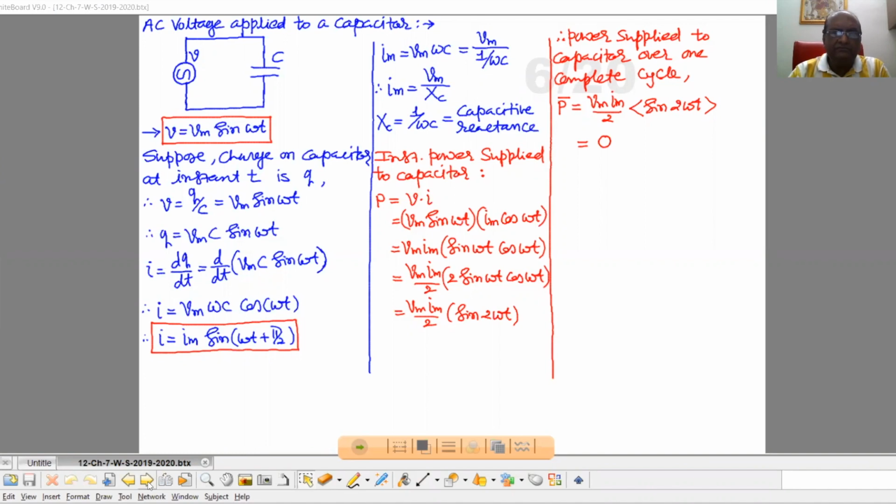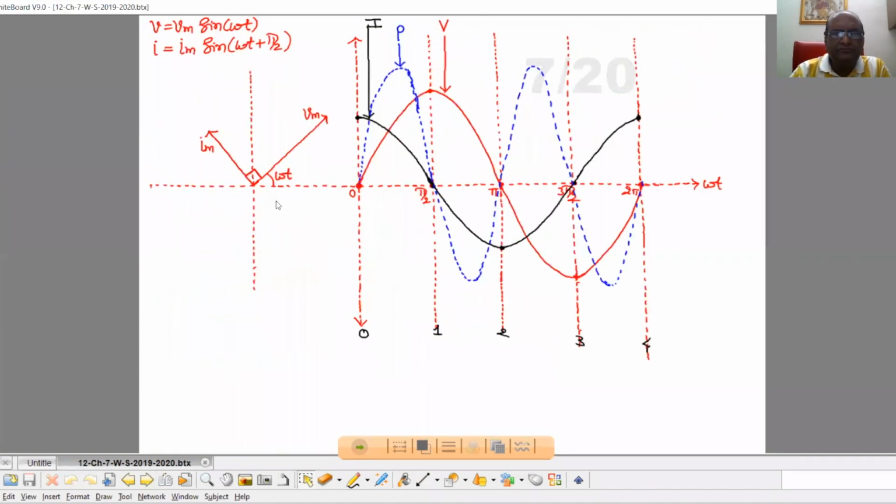Now phasor. So the voltage phasor at any instant t is in the direction making an angle omega t with respect to the x-axis. Now the magnitude of this vector is Vm.